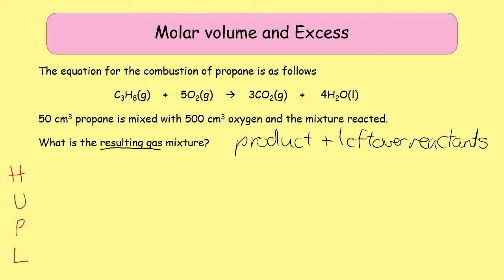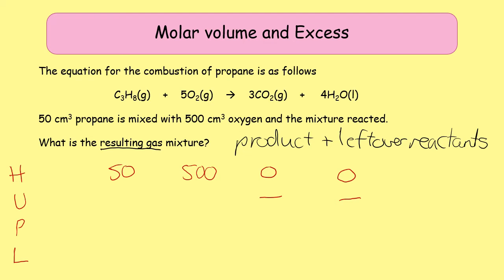So at the start of the reaction, C3H8, that's propane, we have 50. We've been told we have 500. Remember, you don't start with any product. Now, what gets used up? Well, firstly, products never get used up, they get produced. We've got 50 centimeters cubed of propane and 500 centimeters cubed of oxygen.